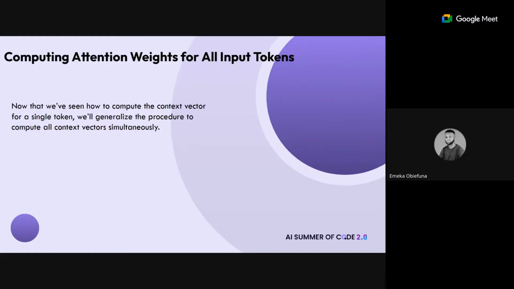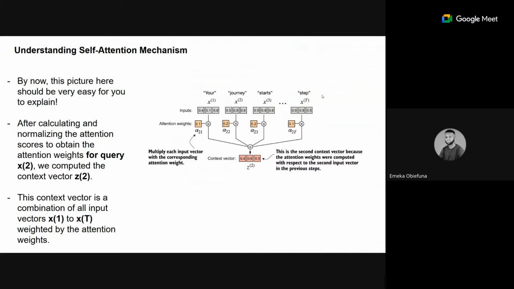Remember that I started by always using Johnny as a query token. But what happens if we want to see the context vector not just for Johnny, because this context vector you are seeing here corresponds to the second input token.